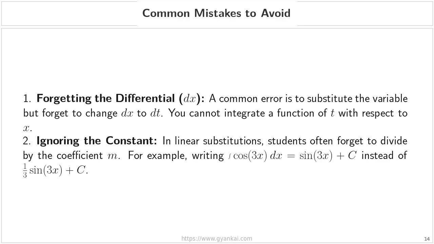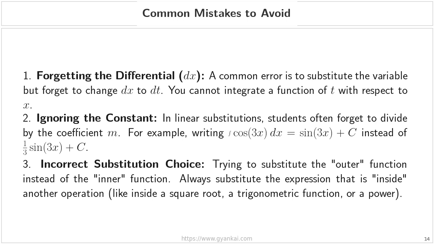Students often forget to include that 1 over m as a constant factor in front of the integral. So, writing the integral of cosine of 3x dx equals sine of 3x plus c is incorrect. The correct answer is 1/3 sine of 3x plus c. That constant factor is crucial.